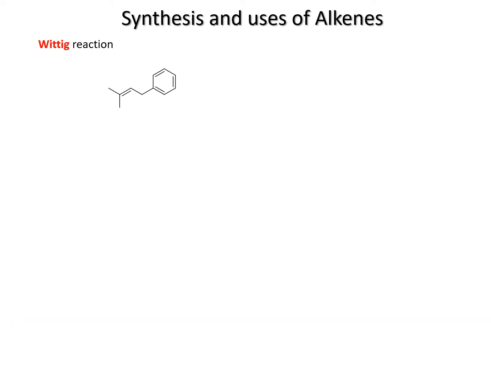Let's see now what I consider the second most important reaction to form new substituted double bonds, the Wittig reaction. I'm sure you remember it from different other parts of the courses that you have done with me and Joel and Marcella. What I want you to remember is that you can cut, in terms of retrosynthesis, the double bond here, and then eventually you end up with a carbonyl part and a bromoalkane on the other side.